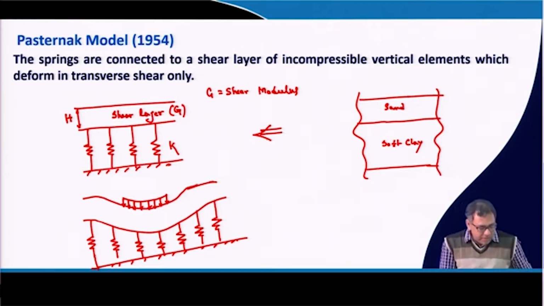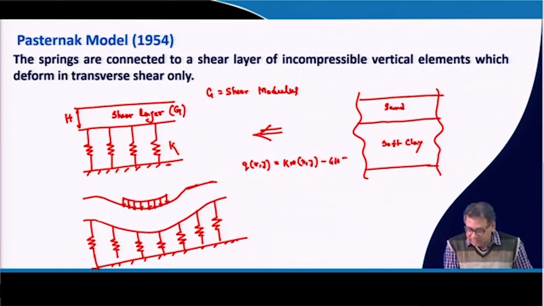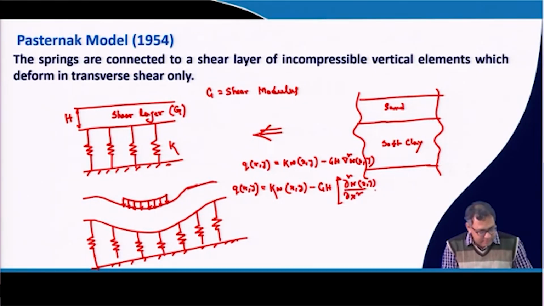Now, here the equation will be, for the xy plane, q(x,y) = k w(x,y) minus G H del square w(x,y), where del square w is del square w by del x square plus del square w by del y square.